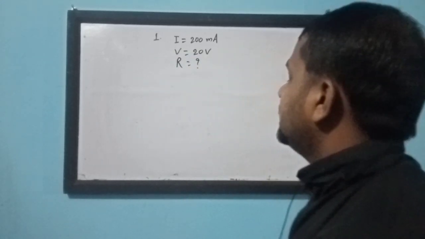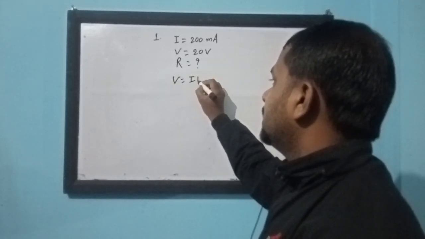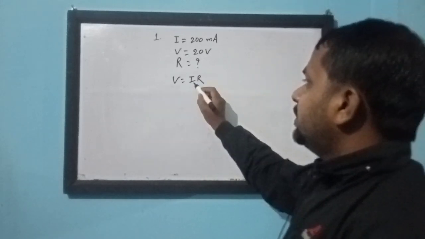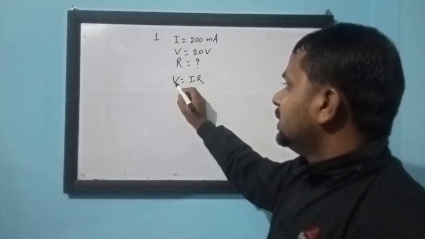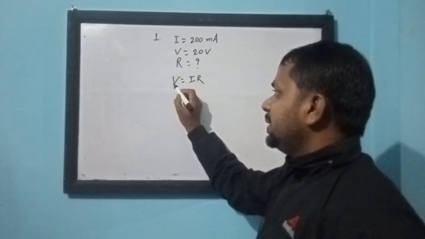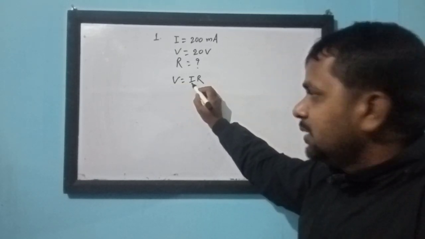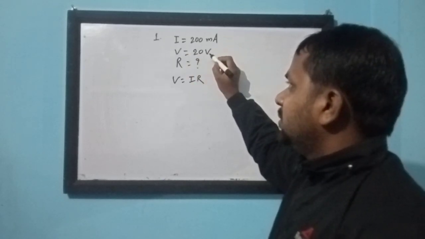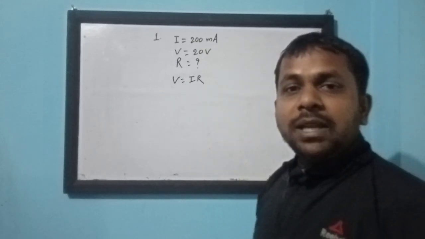When we see this, we can use the formula V is equal to IR, but the value of I should be in ampere when we are using this formula. The potential difference should be in volt, and the current should be in ampere. Here V is given in volt, so we do not have to change it, but the current is given in milliampere.